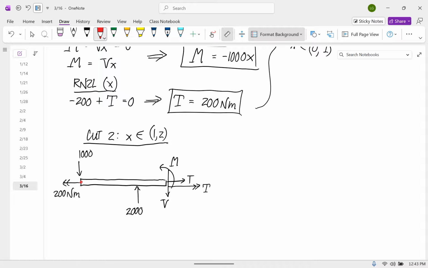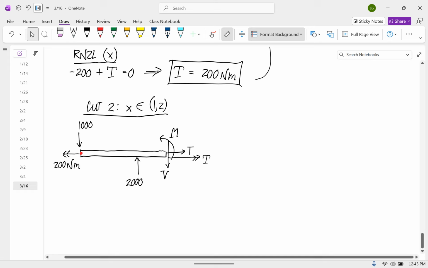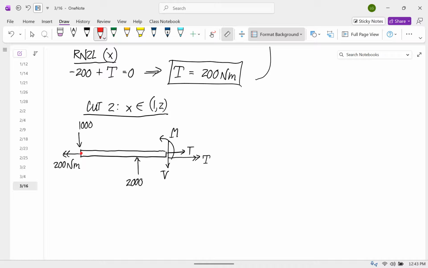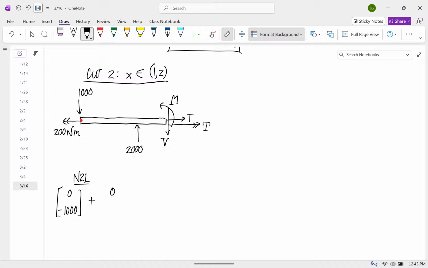And my about point again will be this. So Newton's second law says 0, negative 1000, plus 0, positive 2000, plus T, negative V, is equal to zeros.